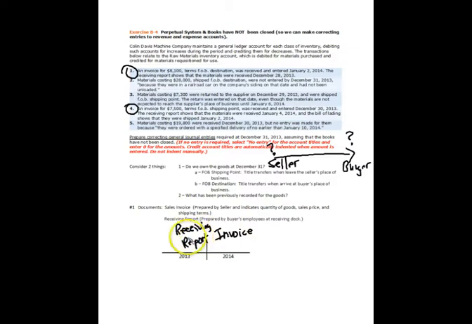So that's going to tell us, when did we receive the goods? In this case, the receiving report is the document that's relevant to us. It's going to tell us when legal title transferred. So if the terms are FOB destination, we received the goods in 2013. That means we own the goods in 2013.